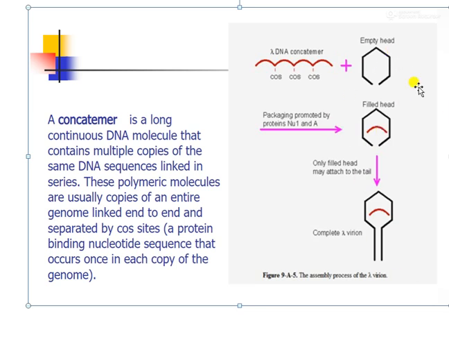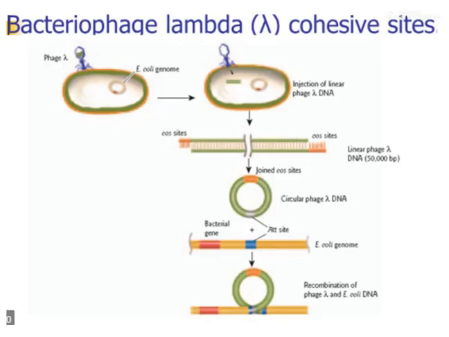So when a bacteriophage is being formed, every segment of the genome containing cos sites, since the cos site is formed only at the ends of the genome, will be packaged. So every fragment of this, which has been cut over here, containing two cos sites, will enter into each virion and form a complete virion.